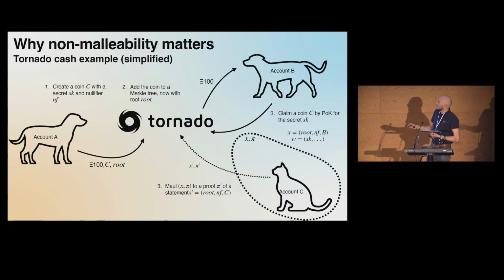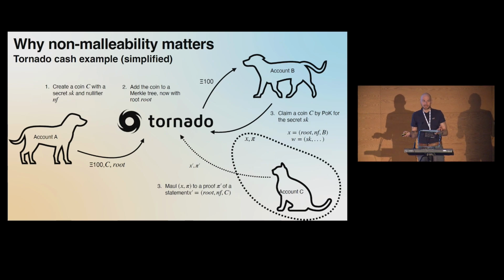Okay? Then when this user wants to withdraw the funds, he can create a new account, like account B. We may think that this is the very same guy who deposited, but coming from a different account, to break the link between identities. And then this account B claims some particular coin C by showing proof of knowledge for the secret SK, the same secret as in this coin during the deposit, and some particular nullifier NF.